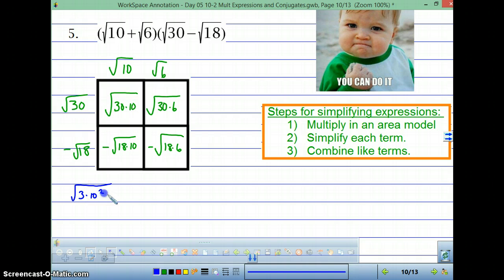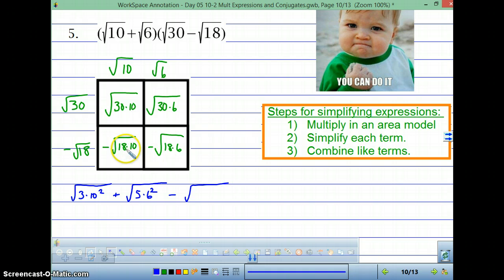That's 10 squared. That makes a perfect square. Let's do the next box. We've got 30 times 6. Can you think of how we can factor that 30 that's going to help us? We could do everything down to primes, but it's going to help us if we factor 30 as 5 times 6. And then I'm going to add in the other 6. That makes 6 squared.